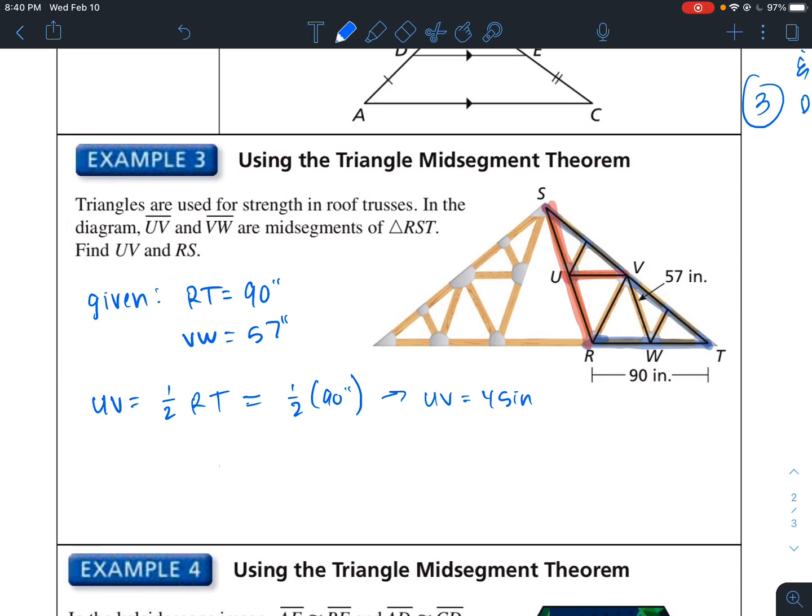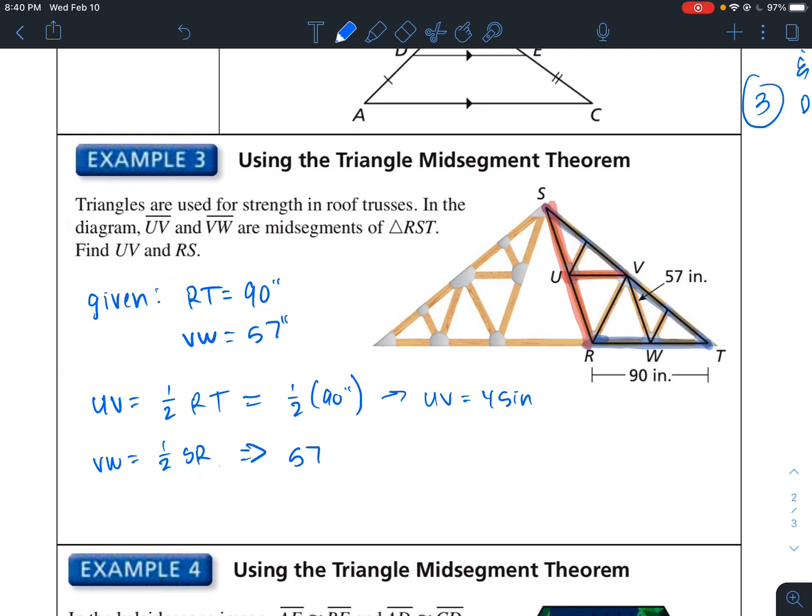Okay? Now, I know also that VW is equal to half the length of SR. And I know that VW is equal to 57.